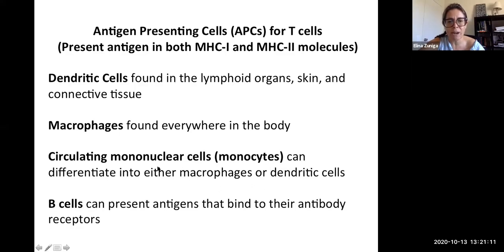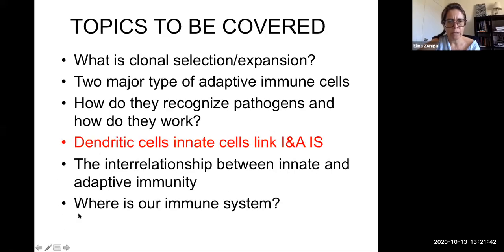So they are localized in the blood, but once they get into the tissues, they differentiate into macrophages or dendritic cells. And the B cells are part of the adaptive immune system and can present antigens that bind to their antibody receptors. And we have a slide to explain this in the next few minutes. And then we'll see where they are located in lymphoid organs and recirculate in our body, and we'll learn more at the end.